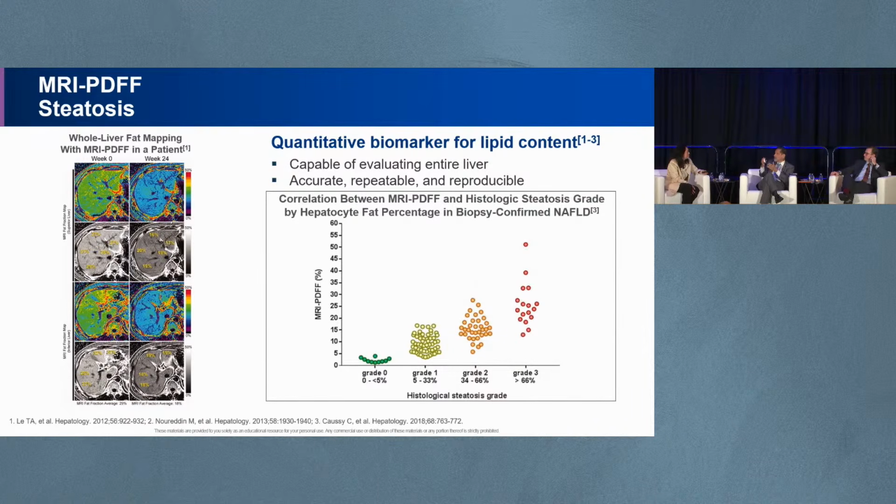ELF, maybe dial it up from 7 point something to about 9 as a lower gate to decide who gets on therapy. But then there's some data now on how we follow the patients with the 2 drugs that have now been approved. And so I'm just leading up to this. We have a slide over here on PDFF. And do you use it, A? And how do you use it?